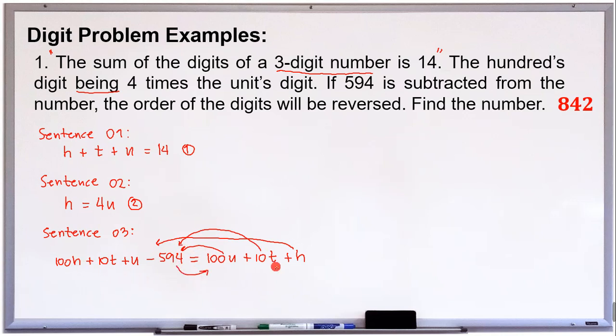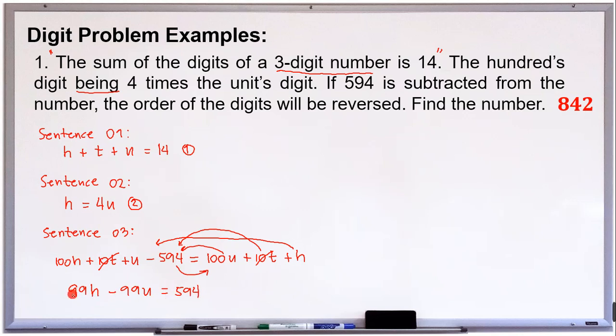So 100H minus H is 99H, and then 10T minus 10T cancels out because it becomes 0 after transposing. Then for U, we have 100U here. If we transpose that one, it will become negative. So U minus 100U is minus 99U.